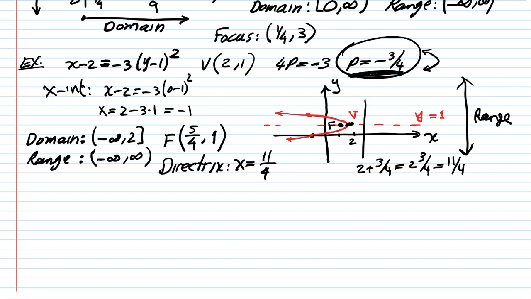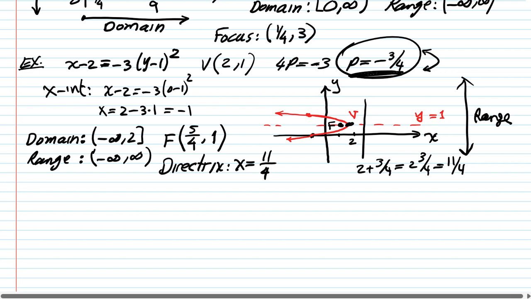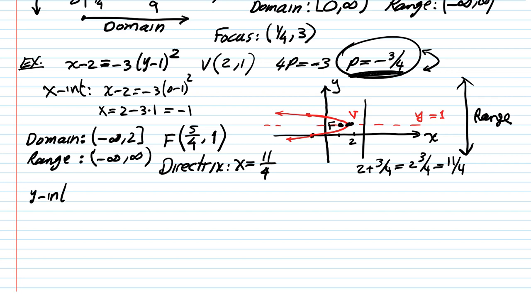Perfect. So we got all that we wanted about this one. We didn't do the y-intercept, by the way. We could, if you want to find the y-intercept, it will take longer. That's why I didn't do it. You have to set x equal to 0 and solve for y. Let me do that on this one. Y-intercept. For y-intercept, x is 0.